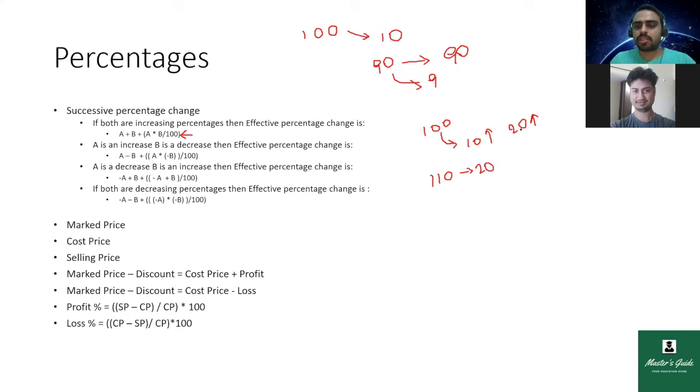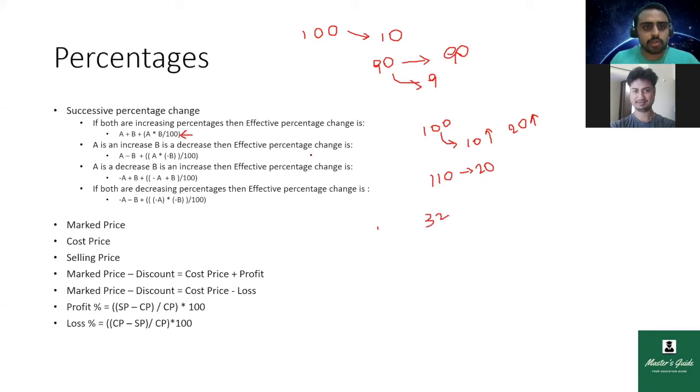Since both are increases, you can use A plus B plus A into B by 100. That would be 10 plus 20 plus 10 into 20 by 100, so you would get 32.